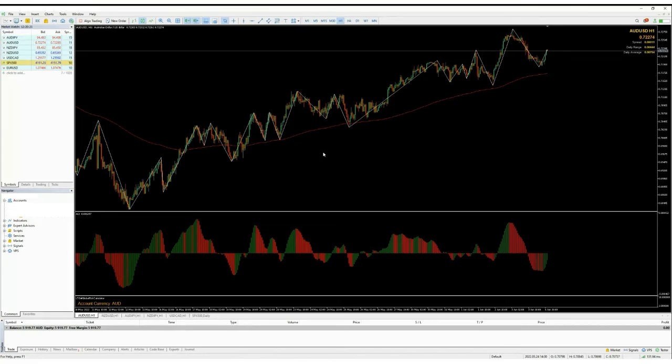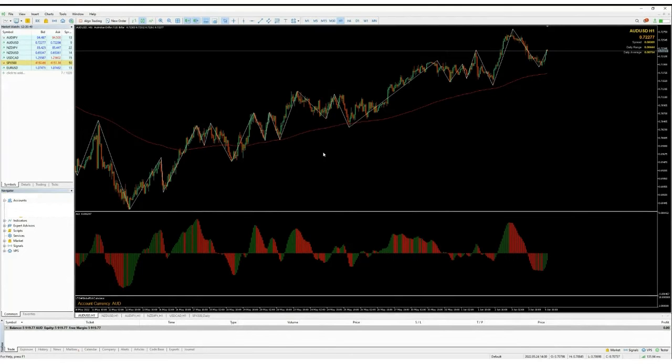Step number 2, learn that basic technical trading strategy. Okay, that's really important. There's lots and lots out there. Don't complicate things. Gravitate to one technical strategy and master it. Okay, be the master of one before you move on to something else. And step number 3, understand your risk exposure and capital preservation on your account is absolutely king. So that's the 3 steps in your trading plan so far.